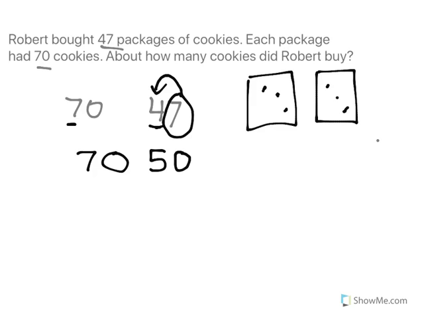I know that I have 2 boxes, and inside each box are 3 cookies, which would give me 6 cookies total, which is what I see. So this one is asking me to multiply 70 times 50.